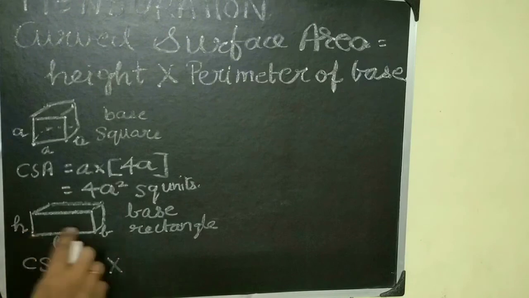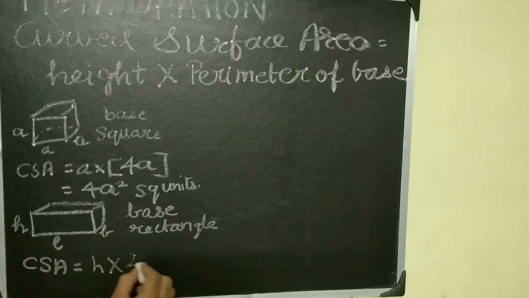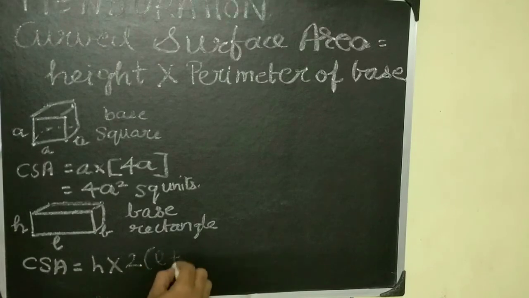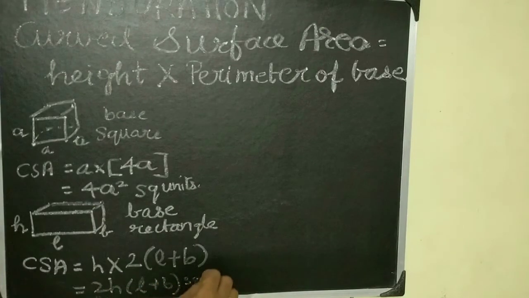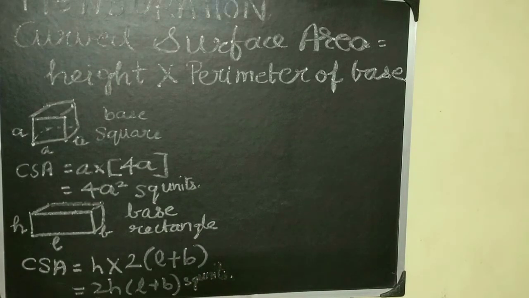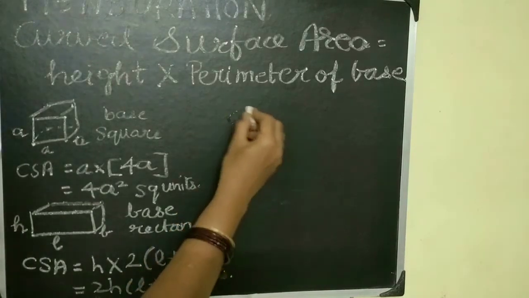What is the perimeter of a rectangle of sides L and B? It will be 2 into (L plus B). So this is 2h into (L plus B) square units, which is the same as what we already found.